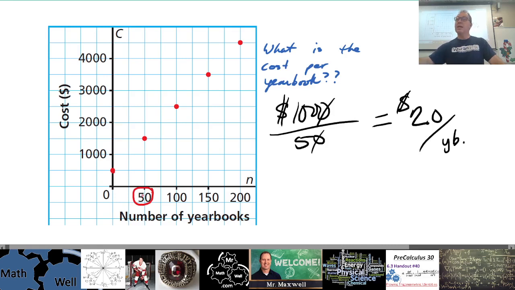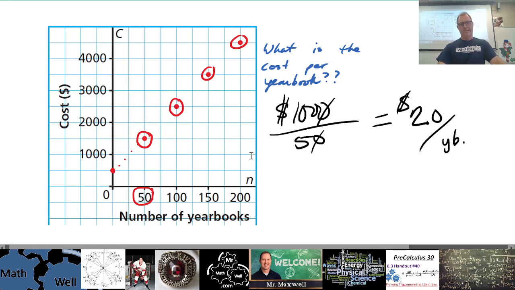The next option, the minimum order, is 50 yearbooks. If you want more than 50, you have to order 50 more. That's why these points are separate: a fraction of a yearbook doesn't count. Groups of 10 aren't on here, so the company may not be offering that as an option. So you have to order groups of 50, and it's $20 per yearbook.